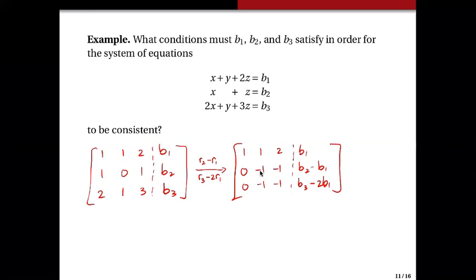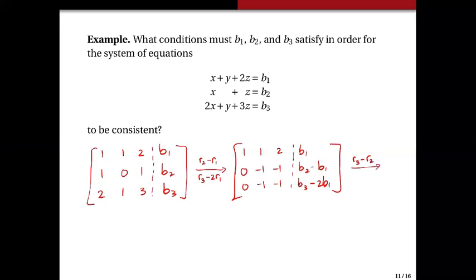Now, looking at this, 0, negative 1, negative 1. The third row is also 0, negative 1, negative 1. And then we have this. So what we can do is R3 minus R2.